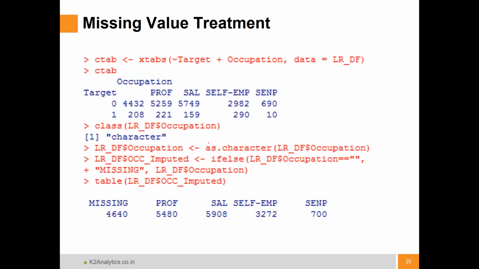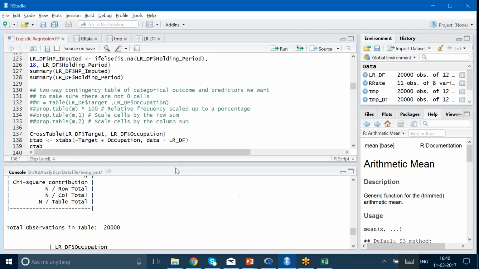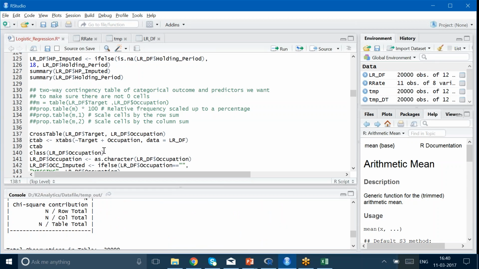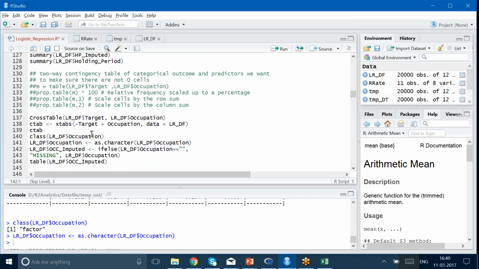Now, before I run this if else code, I need to know what the class is. If the class of this column is factor, I cannot directly use an if else condition. If it is a character, then I can do it. So let me see what the class of this column is. If it is a factor, first I'll do a conversion of that, and then I'm writing an if else code.